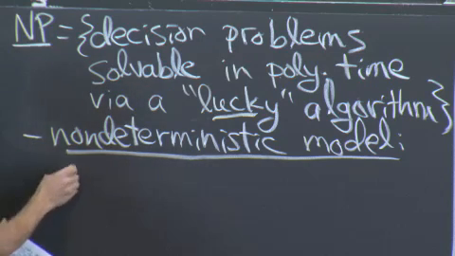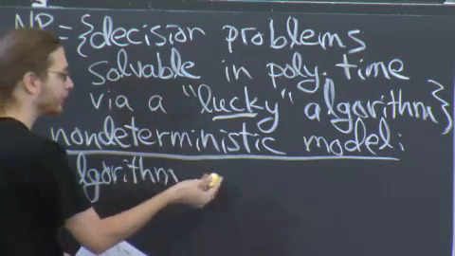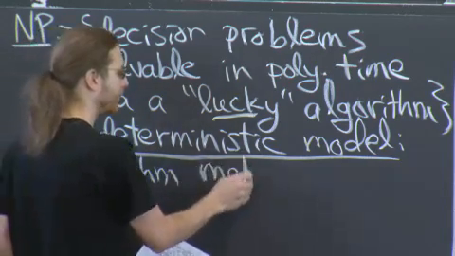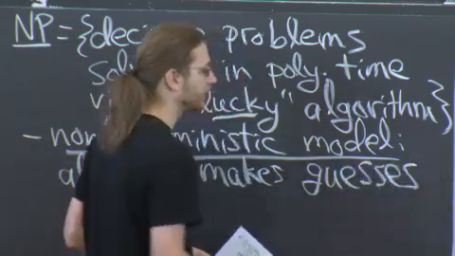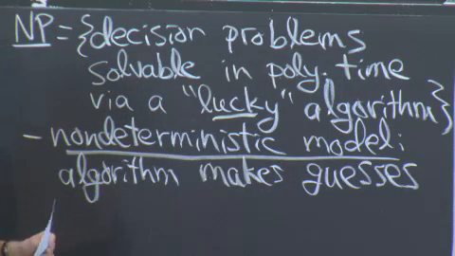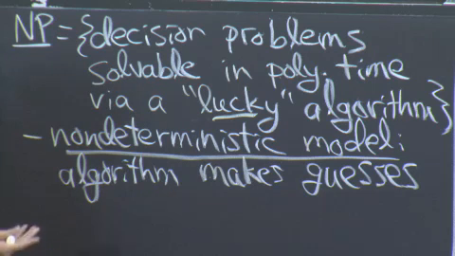So in this model, an algorithm can compute stuff, but in particular, it makes guesses. So should I do this or should I do this? And it doesn't flip a coin. It's not random. It just makes a guess. Well, I don't know. Let's go this way. And then it comes to another fork in the road. It's like, well, I don't know, I'll go this way. That's the guessing. You give it a list of choices, and somehow a choice is determined by magic, non-deterministic magic.